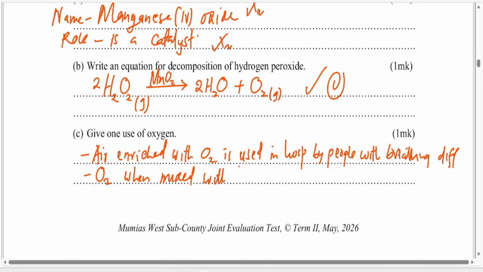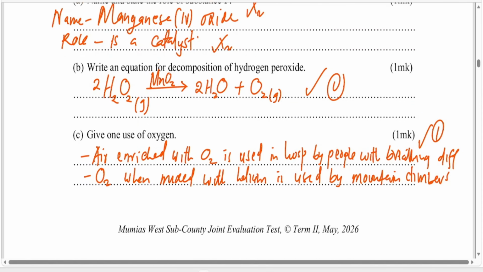You can also talk of oxygen being used to burn gases such as those for propelling rockets. We may also talk of steel making, where oxygen is used to remove impurities, and many other uses of oxygen that you learned in Form 1. You are supposed to only give one use of oxygen to score 1 mark.